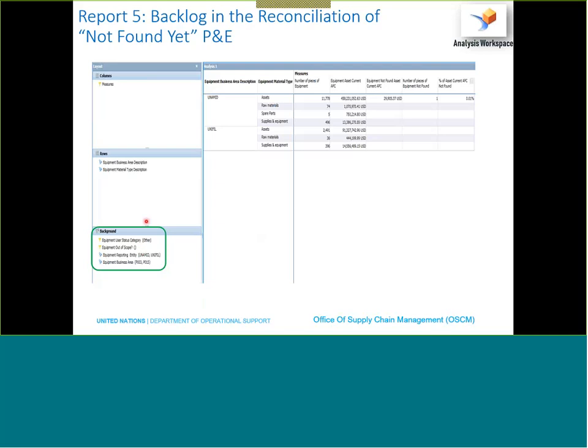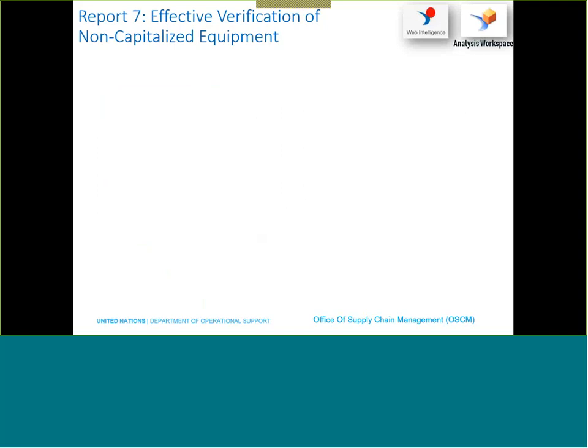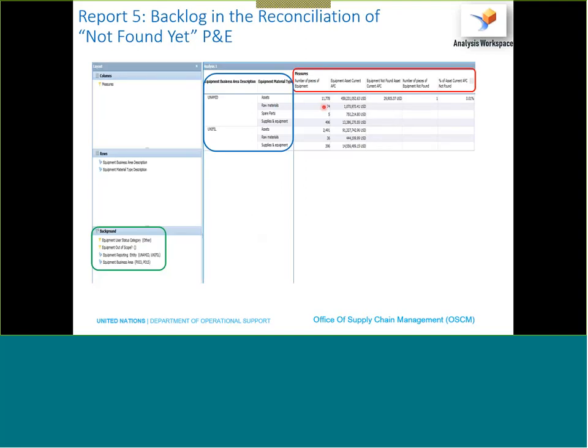All right. Again, we also have the information on our rows, which relates to the equipment, business area, and material type description, and the final area here, the measurements of a number of pieces of equipment, assets, current APC, and so on. So if there is no question, I'll move on to the next report here.